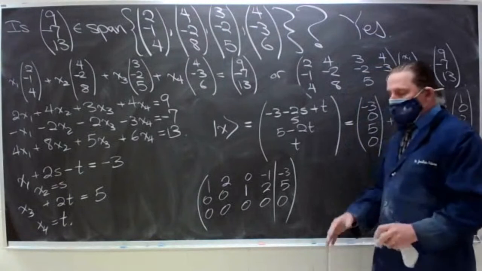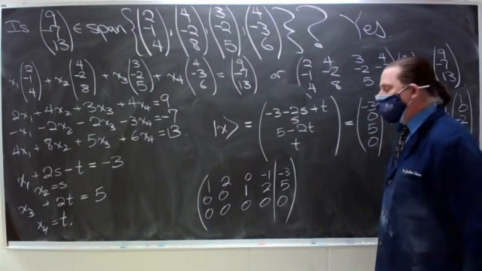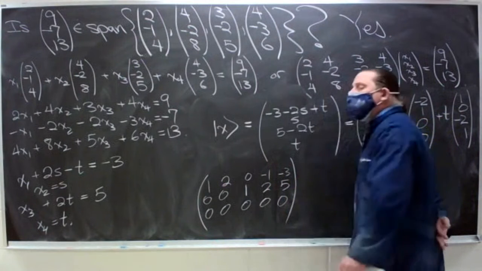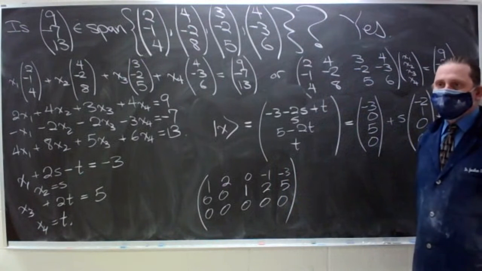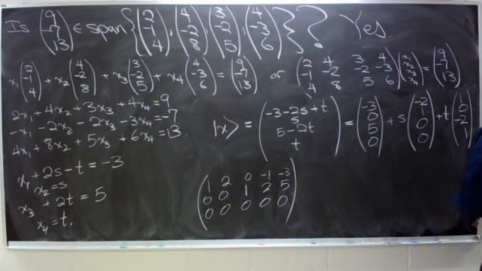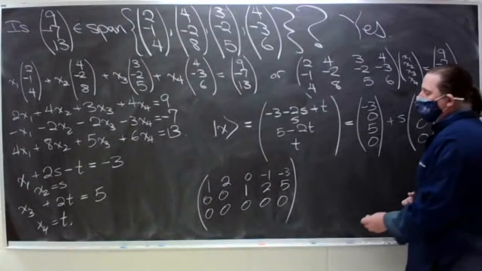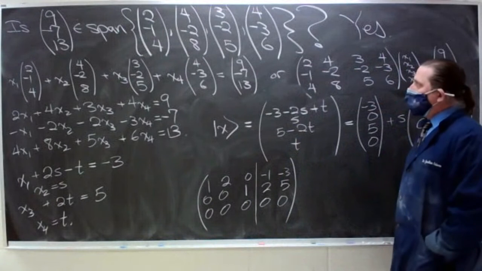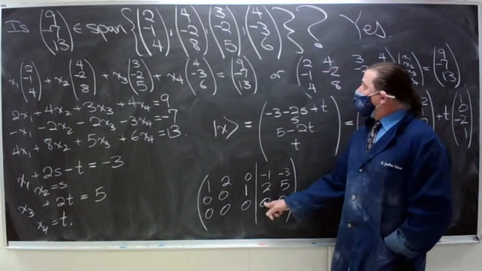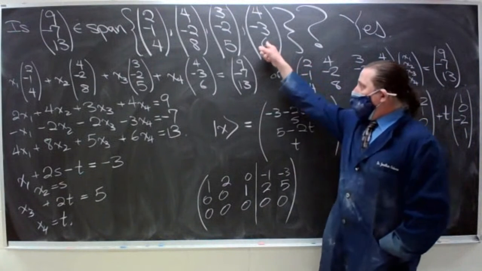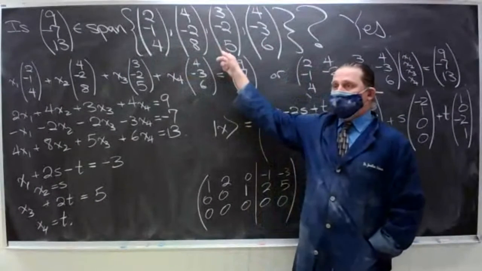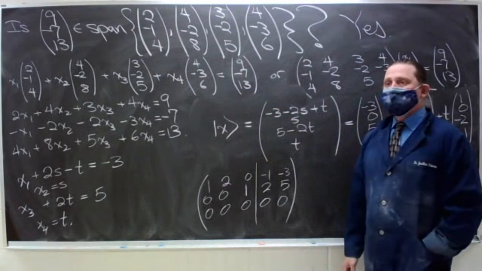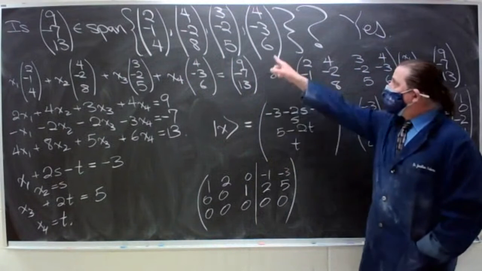Using this interesting ability we have to move the augment bar. Suppose that the augment bar was here instead of there. So now I'm asking, is this vector a linear combination of these three? The answer would be yes. Yes, it is.